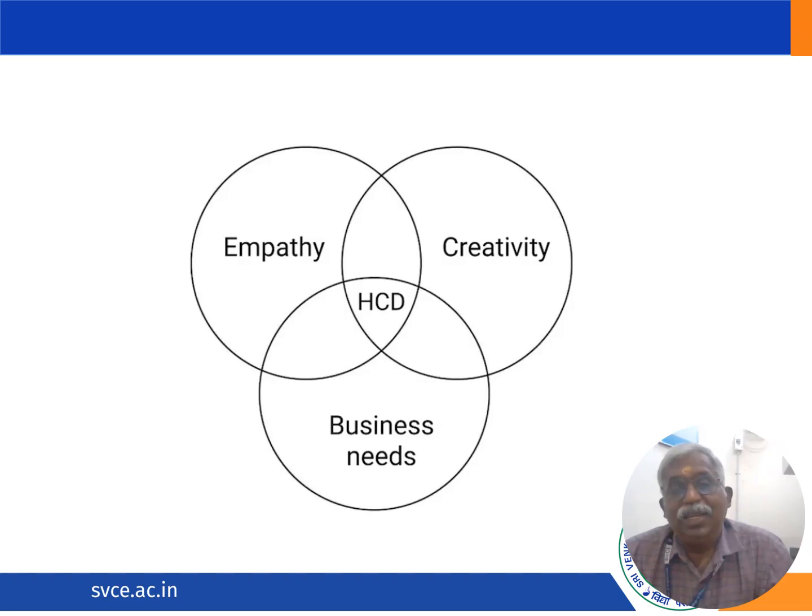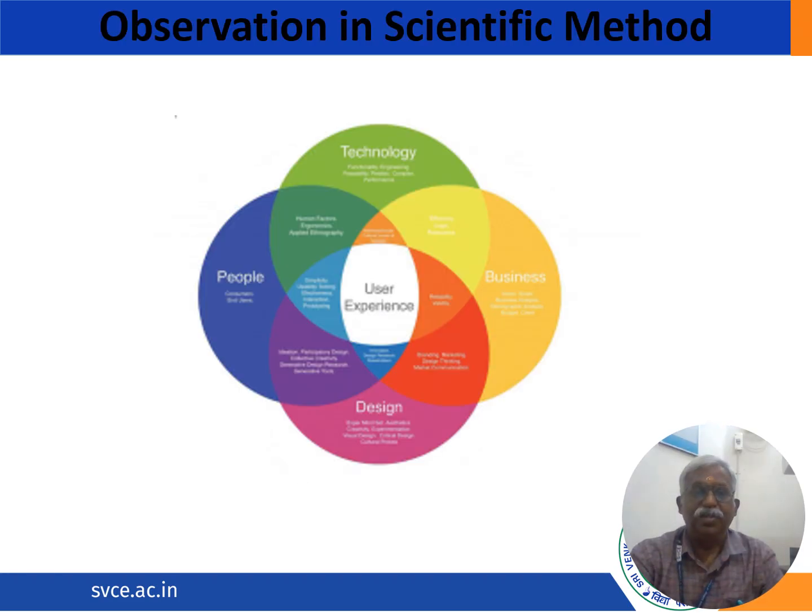What is the real need of human beings? Need. Then we will go by business thoughts. So on one side empathy, on another side creativity. Again we have business need. Together we have HCD: empathetic, creative, business needs. With that we have human-centered design.